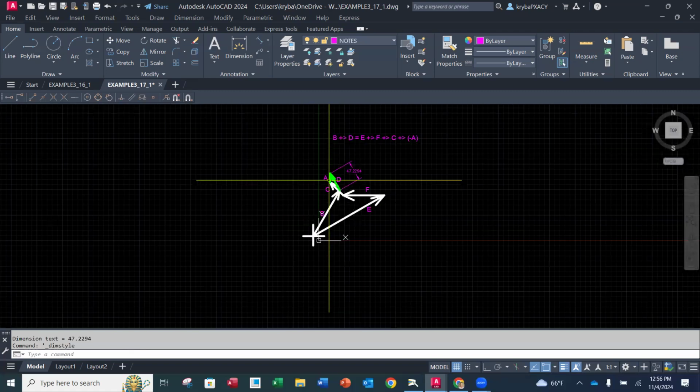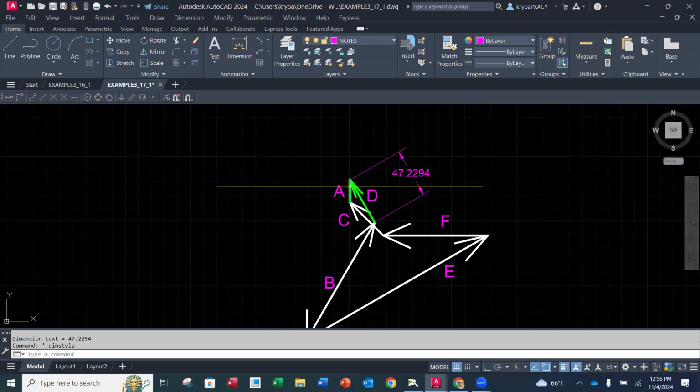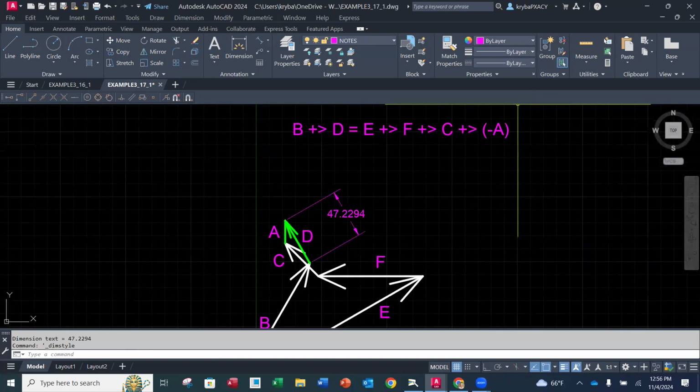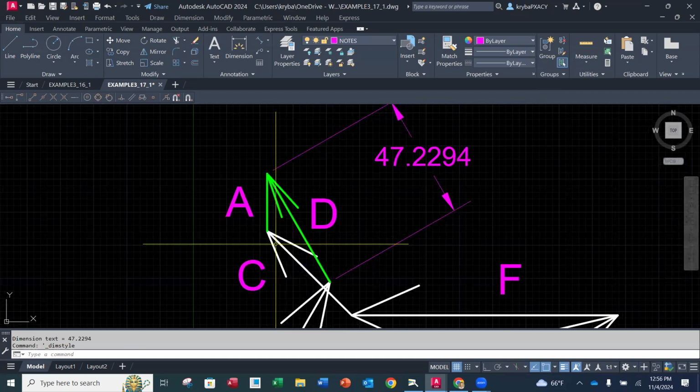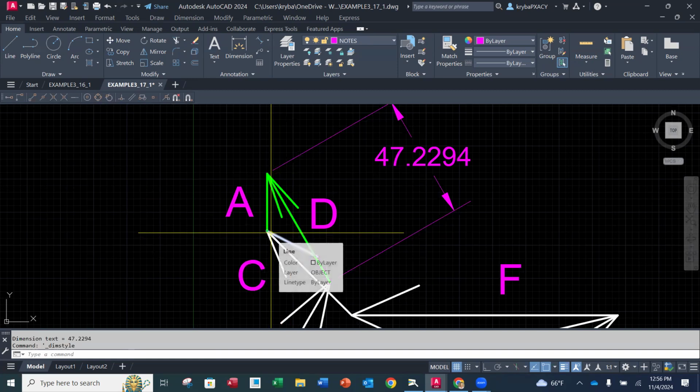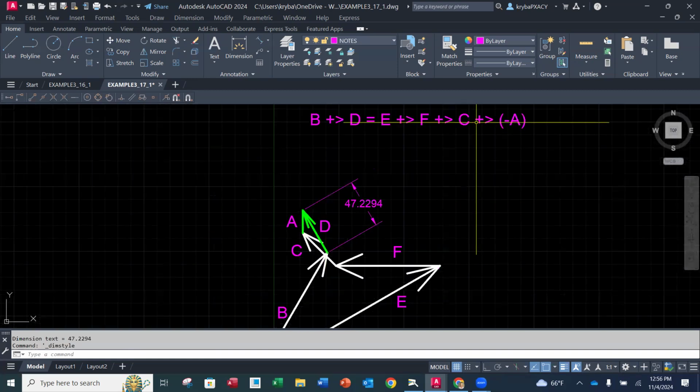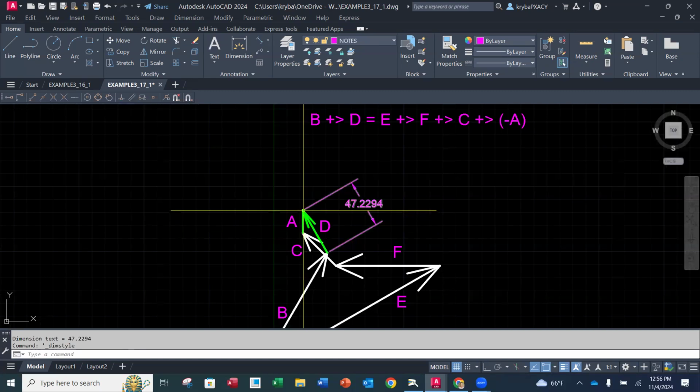And then my other one is going to be A. If we look at our vector equation, in this case, we are adding to C. So here's the endpoint of C, the tip of C, and that means the tail of A is going to start there. If it was a positive value, the arrowhead would go straight up.